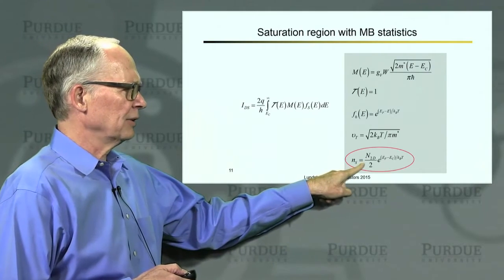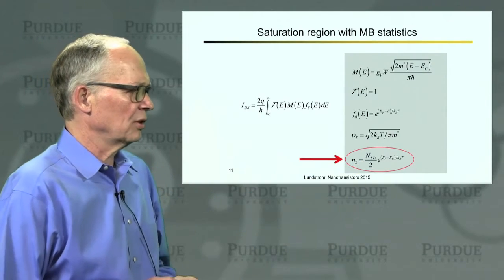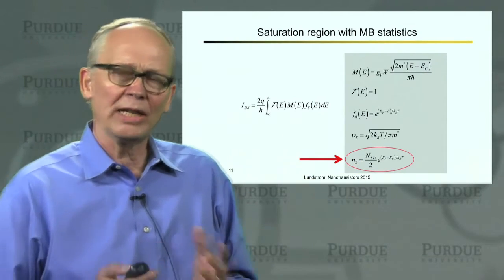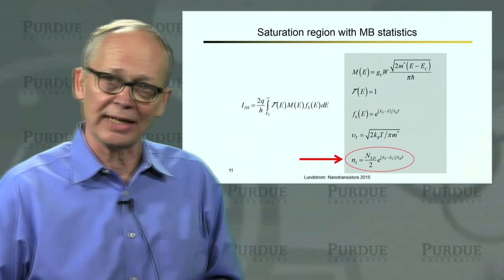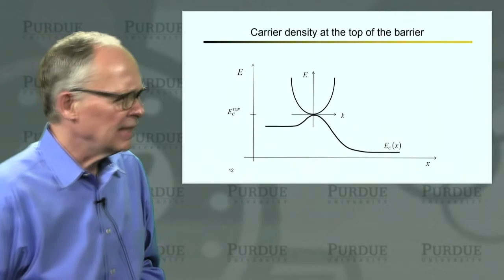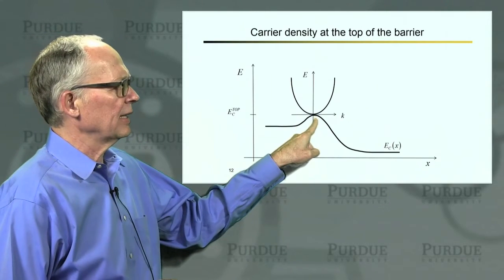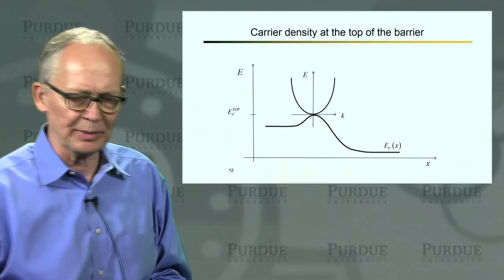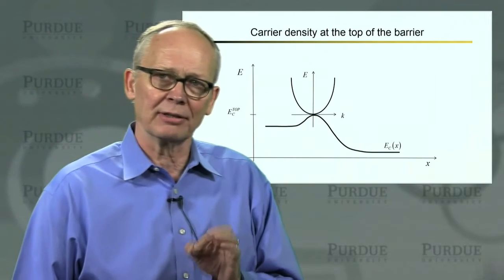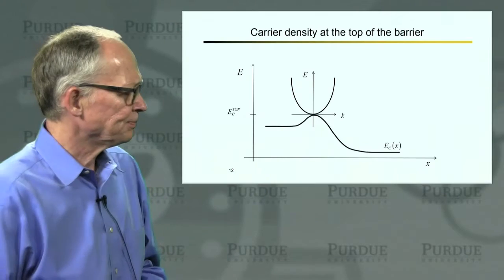Now, there's a factor of 2 here, and let's look a little more carefully. Why do we have a factor of 2 here, where in the linear case we didn't have that factor of 2? Remember, n sub s refers to the electron density per square centimeter at the top of the barrier, at the virtual source.